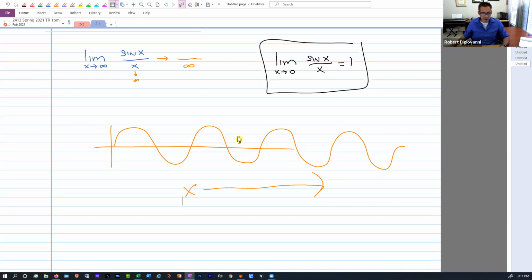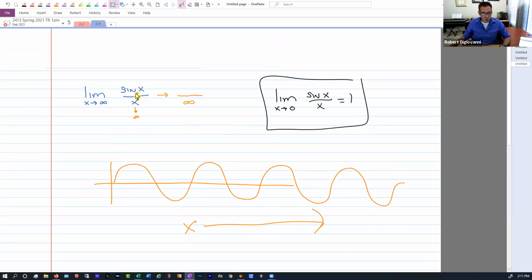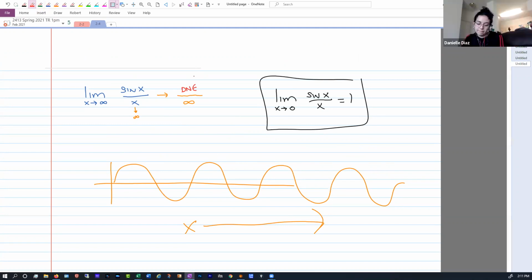And so what we have here is a situation where our numerator, now don't write this down, but this is what we have. Our actual numerator limit doesn't exist because it's not headed to anything. You'll buy that? So this is not even infinity over infinity. This is basically something where the limit doesn't exist divided by infinity.